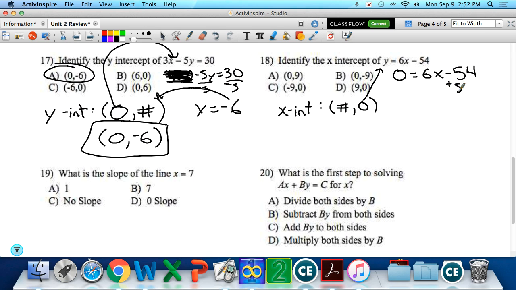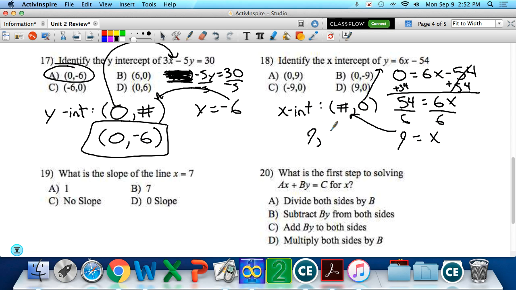I can add 54 to both sides, or subtract 6x from both sides, either way works. I get 54 equals 6x, divide by 6, divide by 6. I get 9 equals x, and I can plug that back in to give me the result 9, 0.